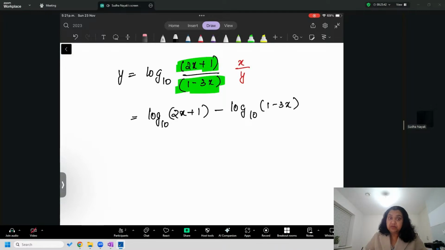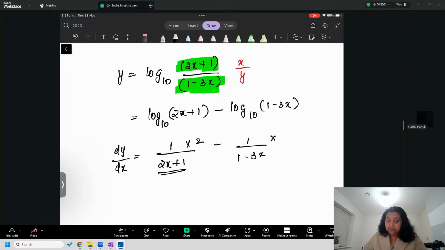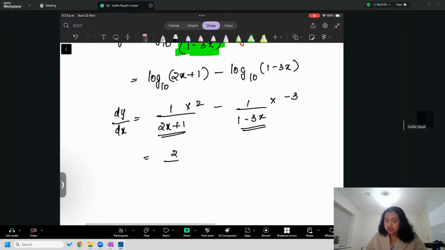First you simplify this and then you differentiate. So dy over dx will be 1 by 2x plus 1 times 2, because that is the differentiation of this, minus 1 by 1 minus 3x multiplied by the differentiation of this, which is minus 3. So this will become 2 over 2x plus 1 plus 3 over 1 minus 3x.